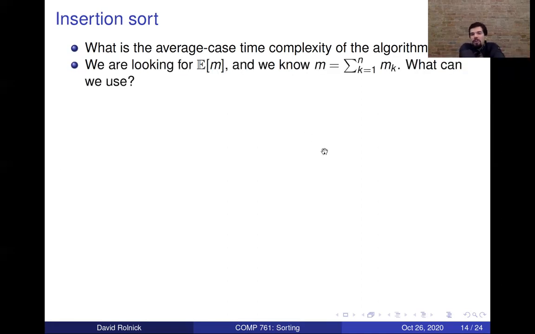So we're looking for the expected value of m. And we know that m is equal to the sum of mk, the amount that we move the kth thing each time. What can we use?